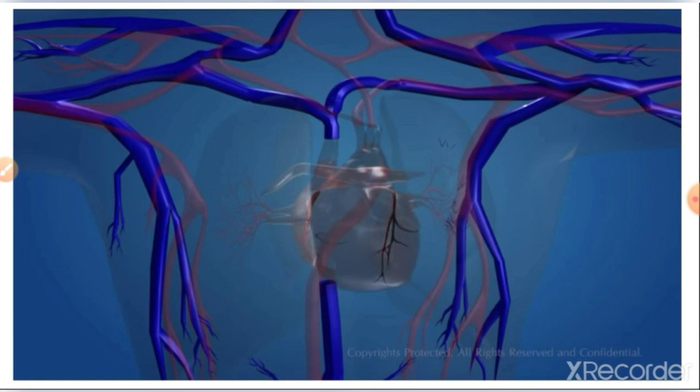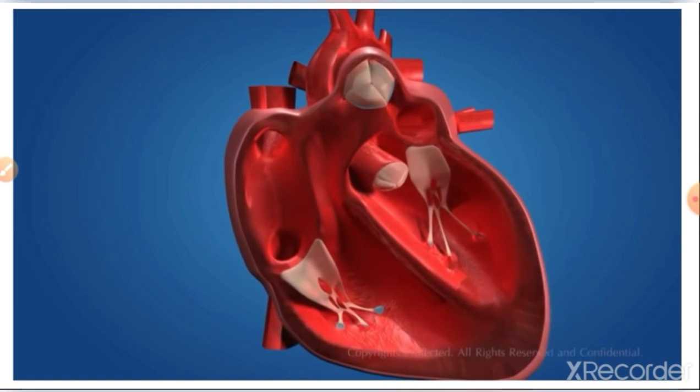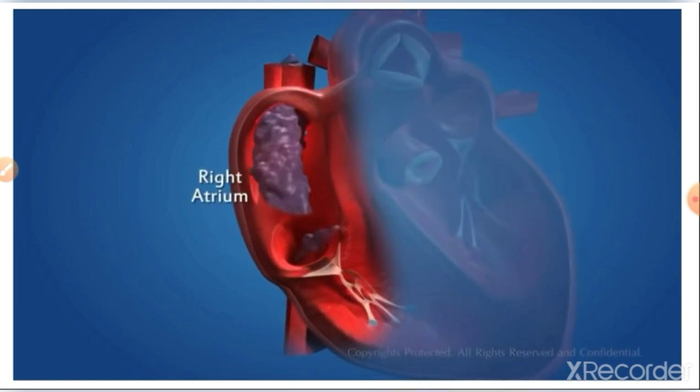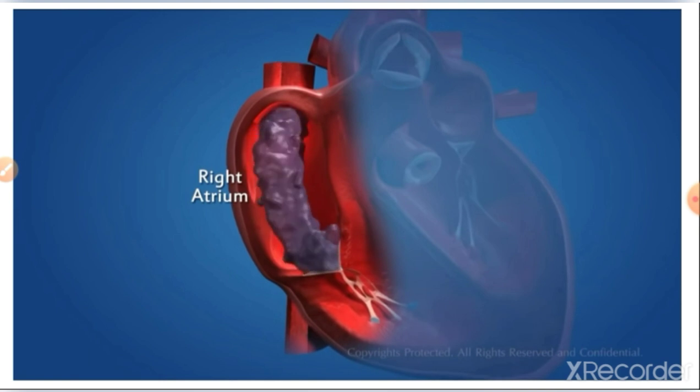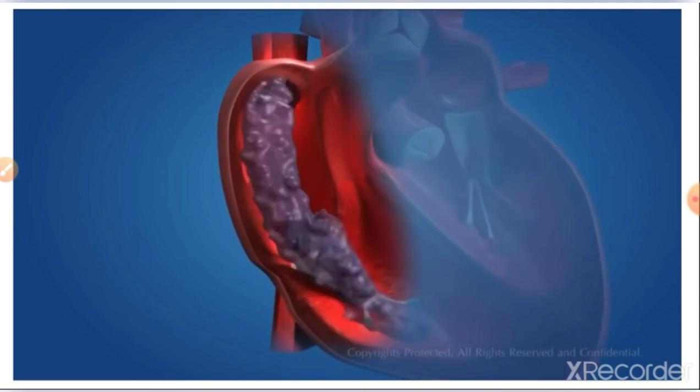The deoxygenated blood from the different organs of the body is received by the upper chamber known as the right atrium. The right atrium contracts and pushes the blood into the right ventricle through the one-way valves.